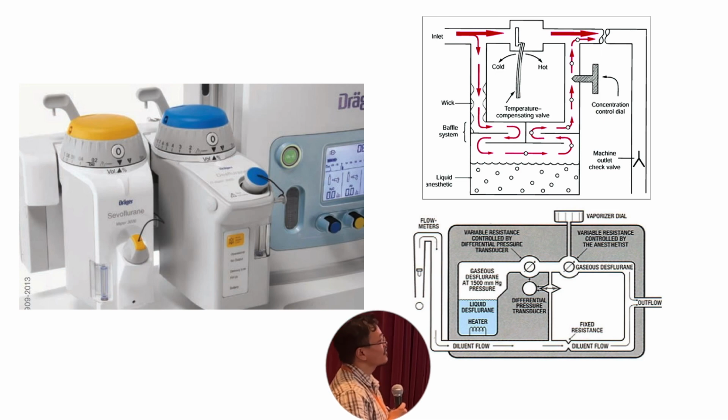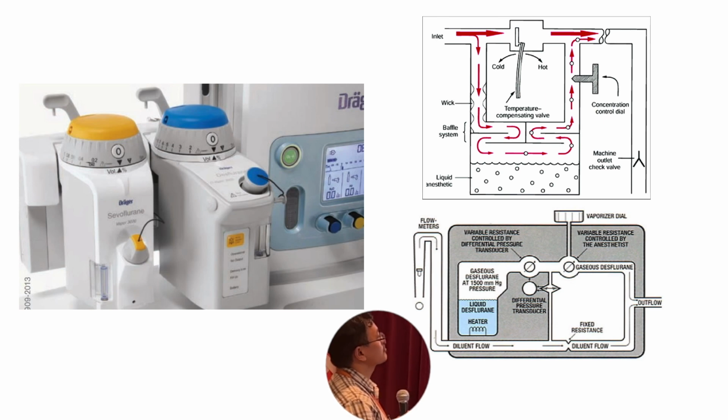So when you have a vaporizer using a variable bypass, you're going to set the dial, and the dial is going to change how much the bypass flow is going to be.